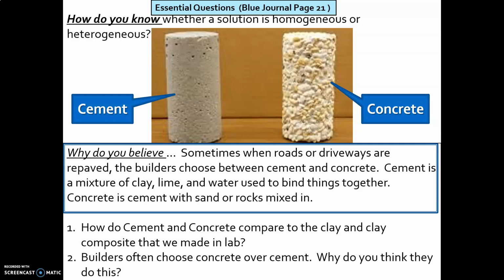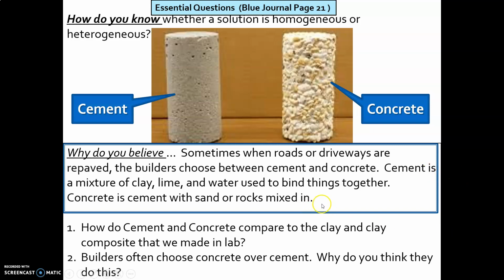So first thing, the how do you know? How would we know whether a solution is homogeneous or heterogeneous? That's actually not something that you see on your journal, but I think it's a good question to address here. We can tell that a solution is homogeneous or heterogeneous by whether or not it is uniform throughout.